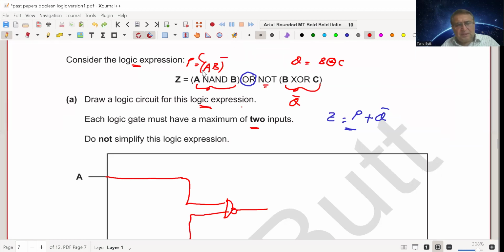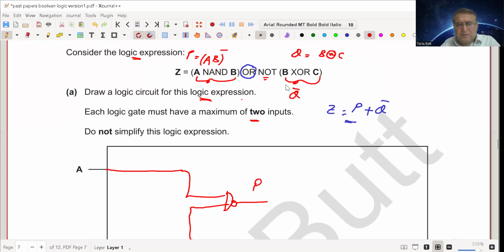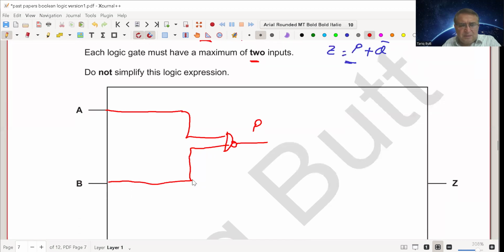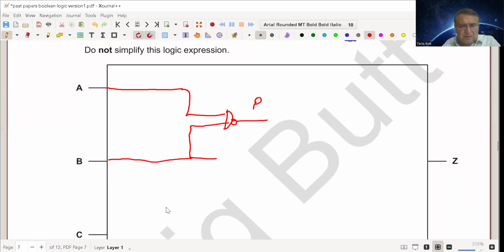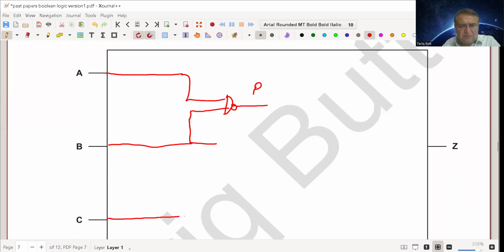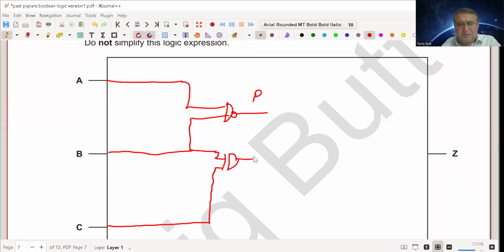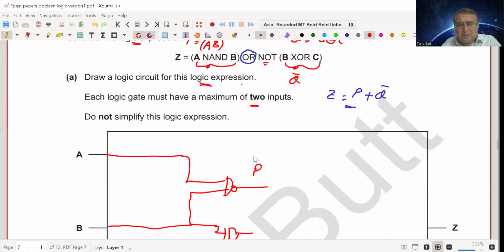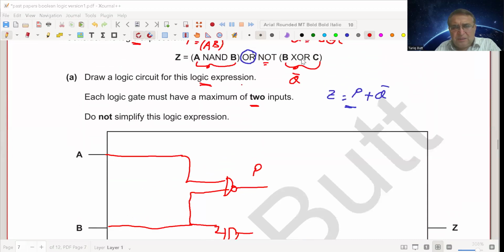So this is A NAND B. Let's call this P. Then what next? You need Q first, which is B XOR C. B is this. C is, you can tap from here. B XOR C. So B XOR C.